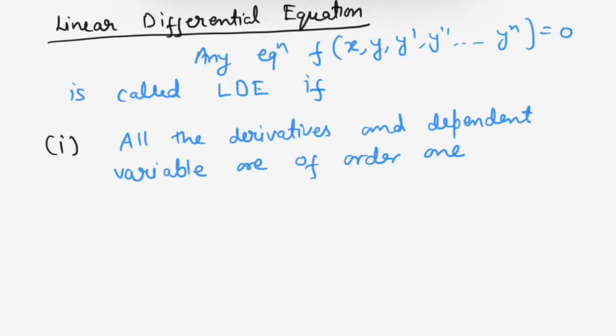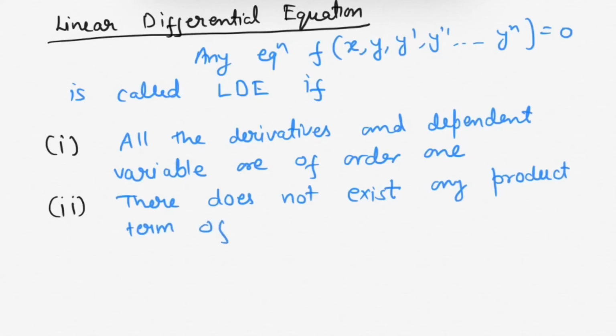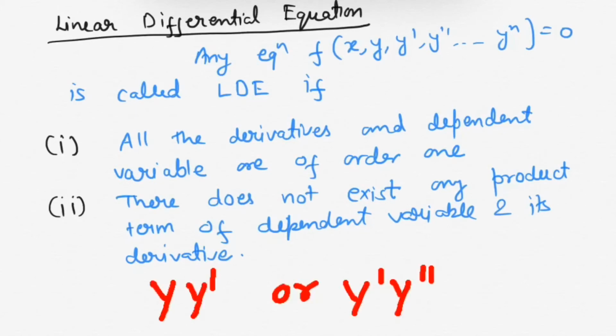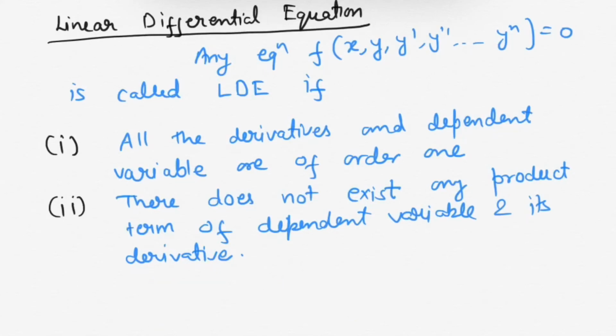Okay, second condition is there does not exist any product term of dependent variable and its derivative. That means y into y prime or y prime into y double prime, such kind of terms shouldn't be in the equation. Then the equation is said to be linear differential equation. If any equation does not satisfy any one of the conditions, then that equation will be non-linear differential equation.